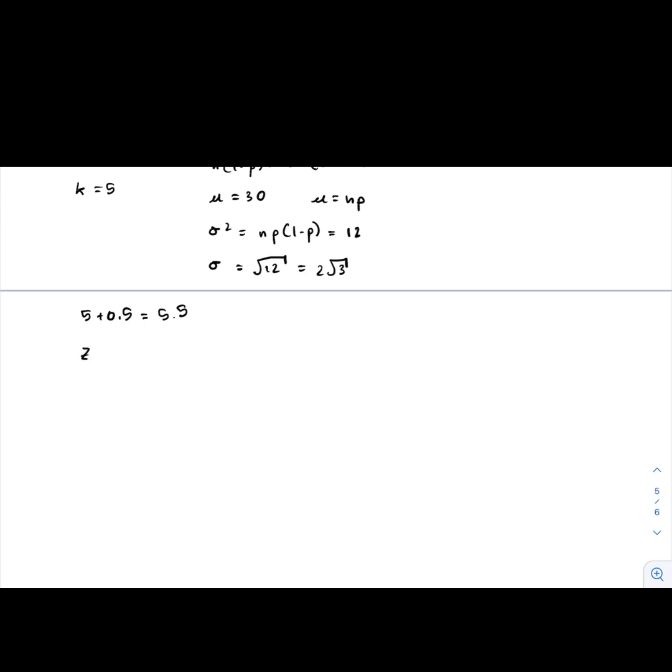From here, if we use our z-score formula, our z-score that we're considering is 5.5 minus 30 over 2 square root 3. This, using our software tool, again becomes just about negative 7.217.